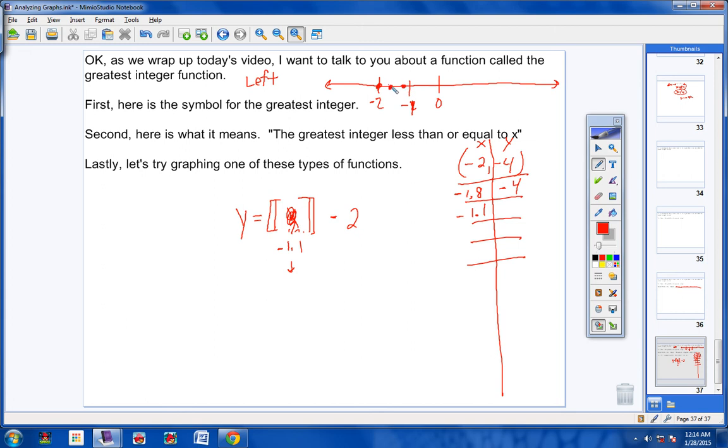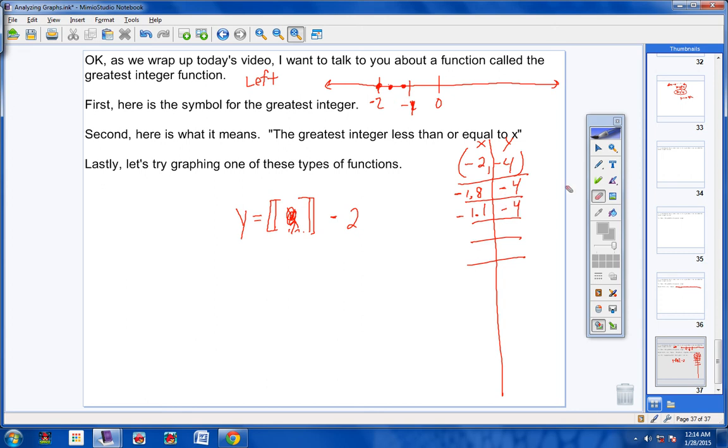Go to the nearest integer to the left. So the nearest integer to the left is -2. So -1.1 comes out of that box -2. And then -2 minus 2 would be -4. So I think you're getting the picture here, guys. Any value that you put in for x between -2 up to -1, you're going to get out -4.